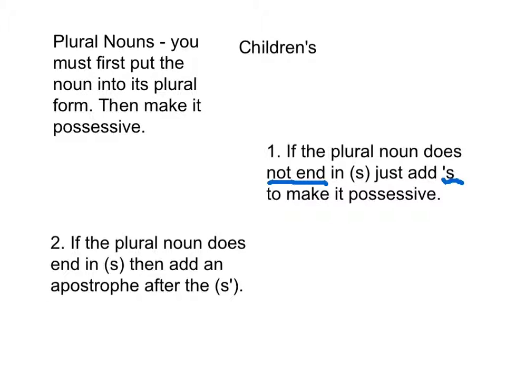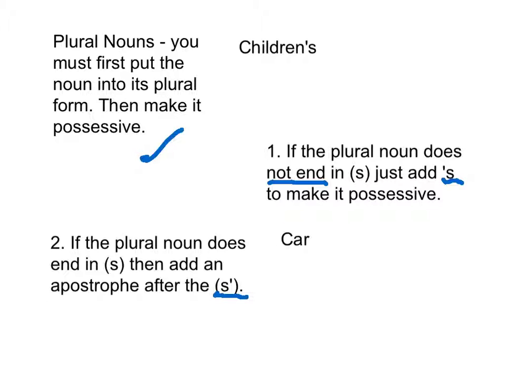The second rule with plural nouns that we're trying to make possessive is if the plural noun does end in an S, then add an apostrophe after the S, as we did right here in the parentheses. Let's take a look at an example of one of those. All right, car. Car is a singular noun, so going back to our first rule over here, let's put car into its plural form.